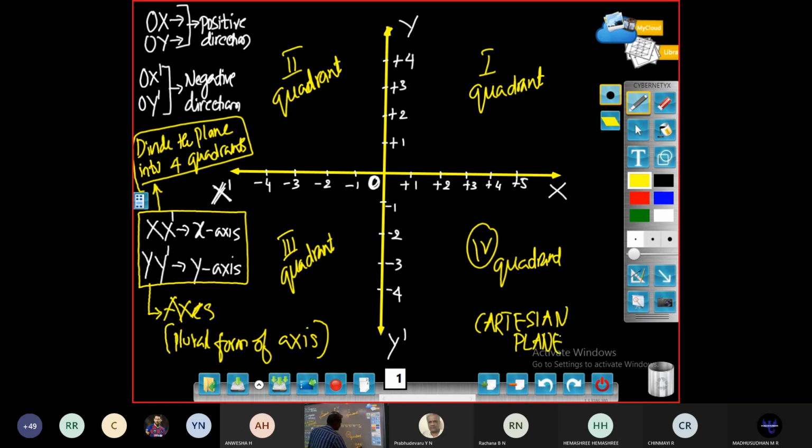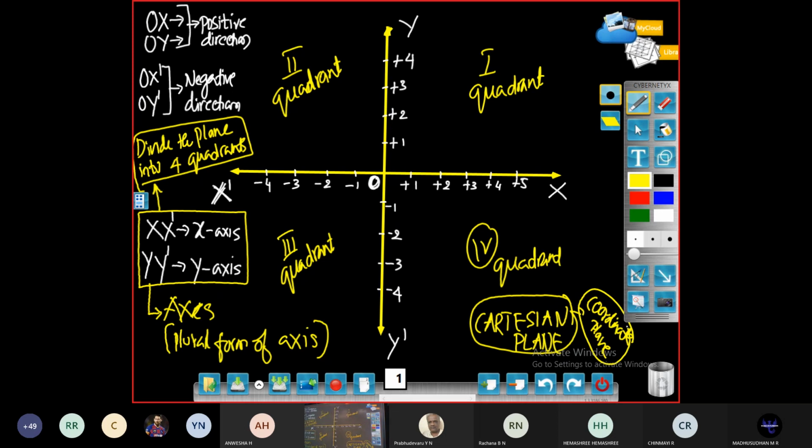Dividing the plane into 4 quadrants, we call that the Cartesian plane. It is also called the coordinate plane. It has another name also. What is that? Coordinate plane. Cartesian plane is the same as the coordinate plane.